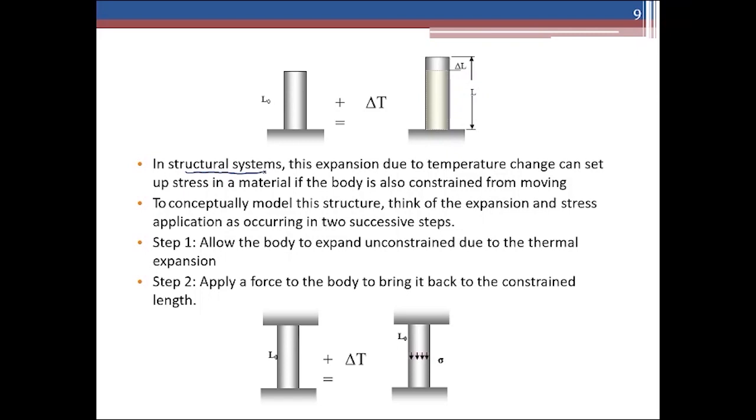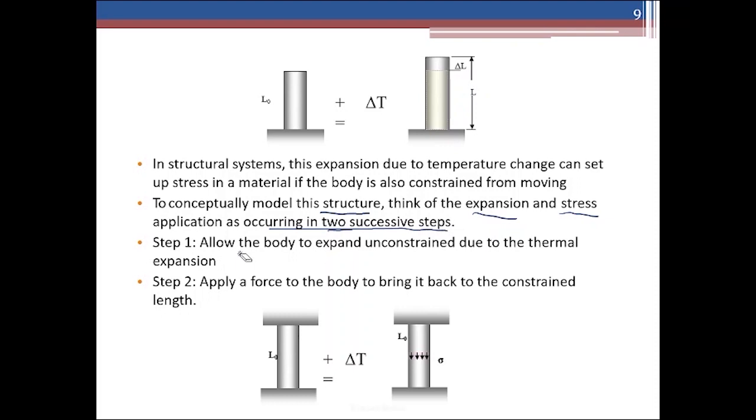In a structural system, this expansion due to temperature change will produce stress in a material if the body is also constrained from moving. To understand this structure, think of the expansion and stress application as occurring in two successive steps.